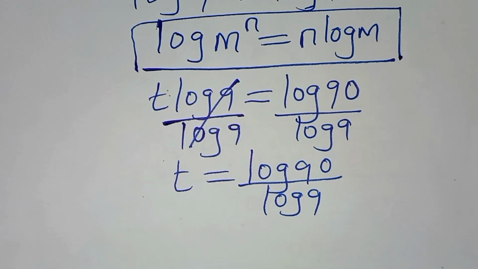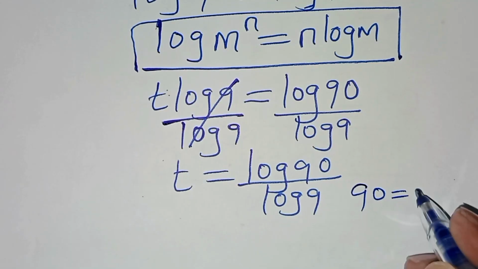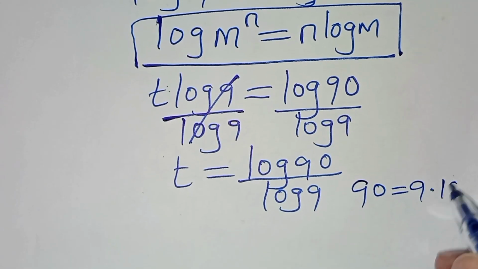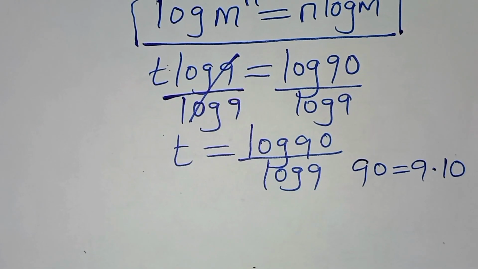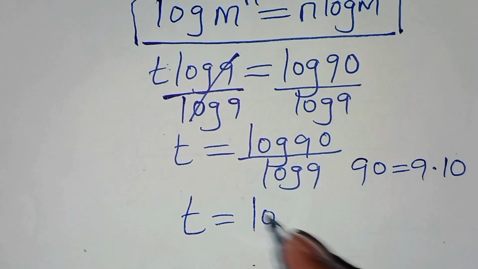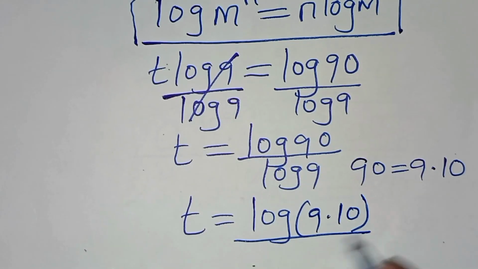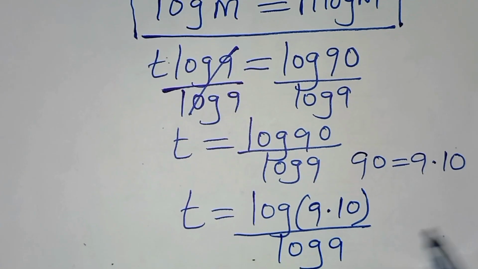So the next step here, we can express 90 as 9 multiplied by 10. Let's substitute this. So we'll have t equals log 9 multiplied by 10, divided by log 9.